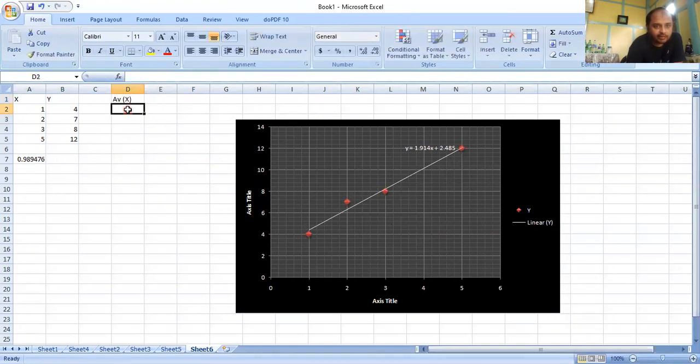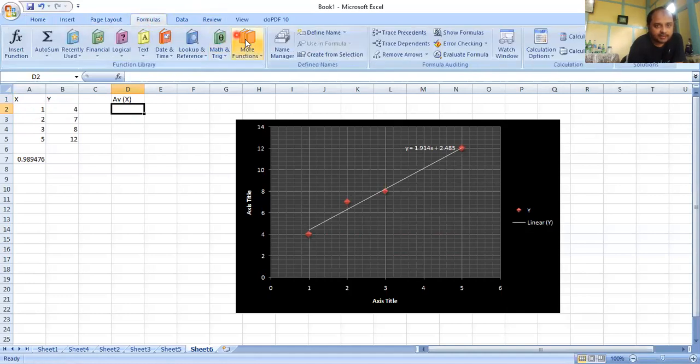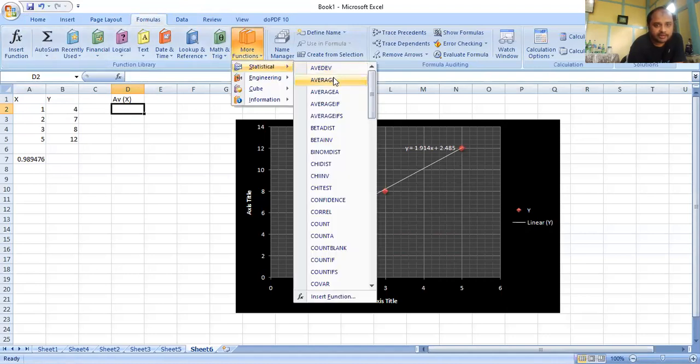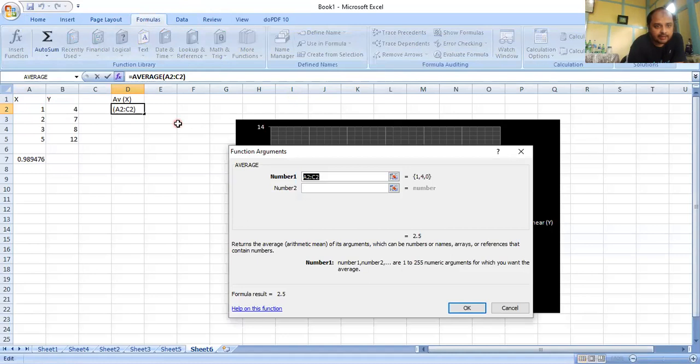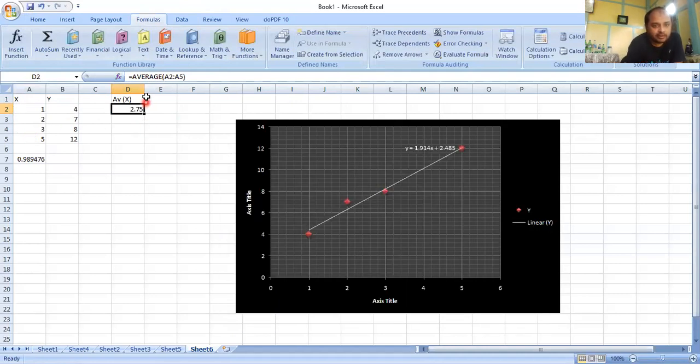Under this heading, I'm going to calculate the average of the variable capital X. I select more functions, then average, for capital X, and you see the average comes out to be 2.75.